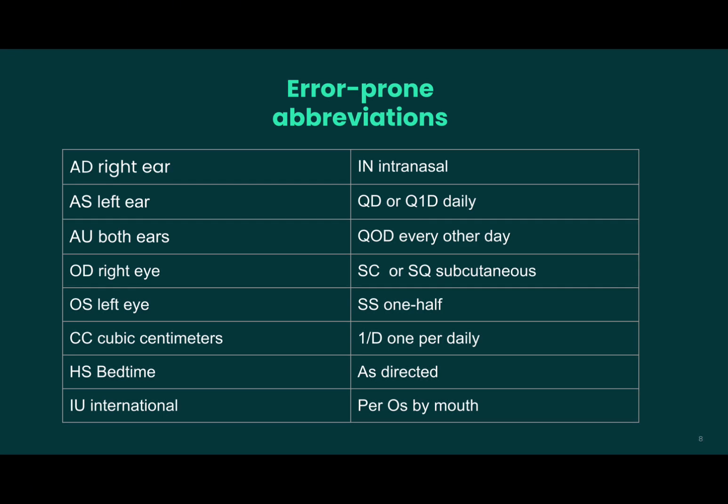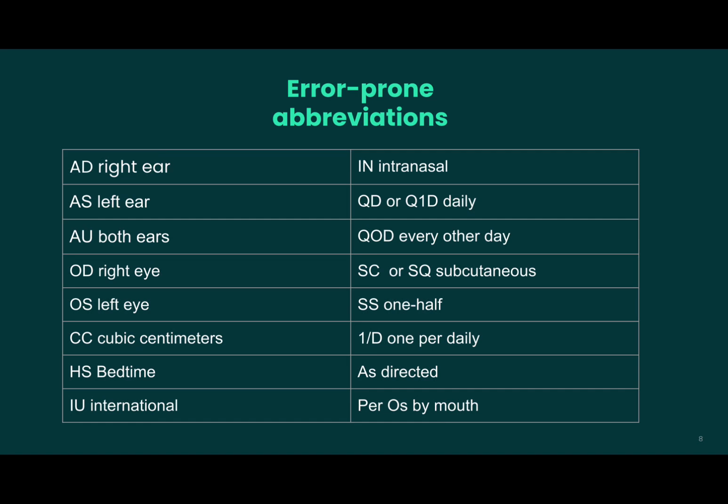CC, cubic centimeters, often mistaken for units. HS, bedtime, but can be mistaken for half strength or hour. BT, bedtime as well, but often mistaken for BID, twice daily. IU, international units, but can be mistaken for IV.